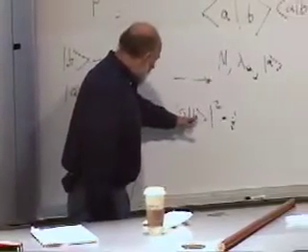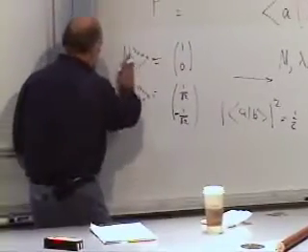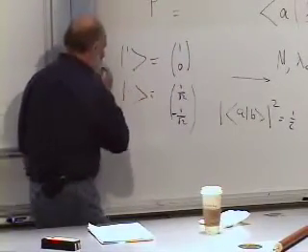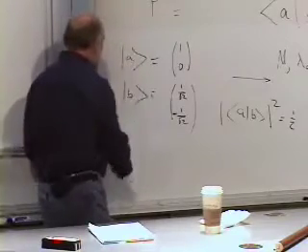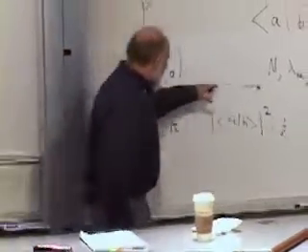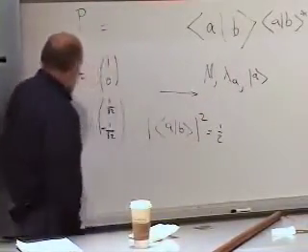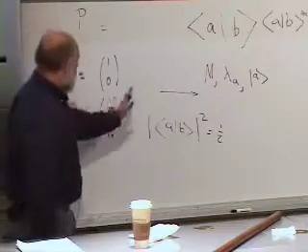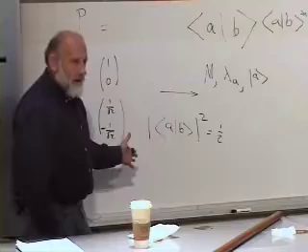All we've done is interchange B and A. We've prepared the system with its x component positive, and we measured the z component. It's exactly the same thing, 1/2.